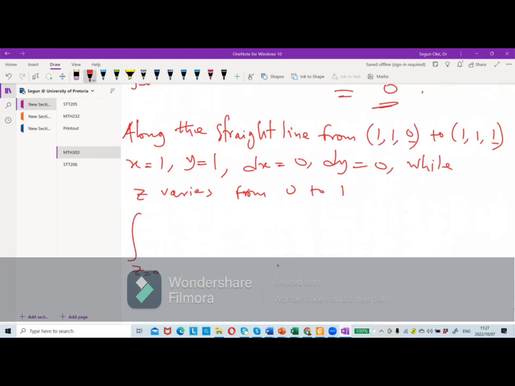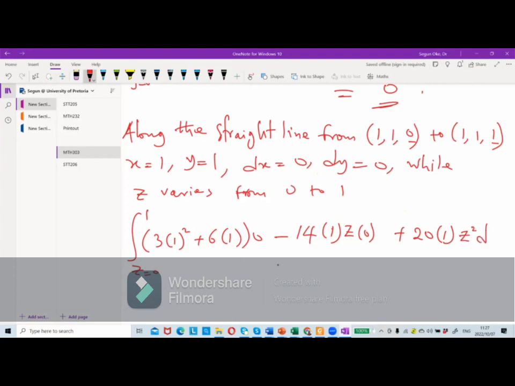Z equals 0 to 1. We have 3 of 1 squared plus 6 of 1, everything multiplied by 0, minus 14 of 1, z of 0, because y is also 0, plus 20 of 1 and z squared dz.